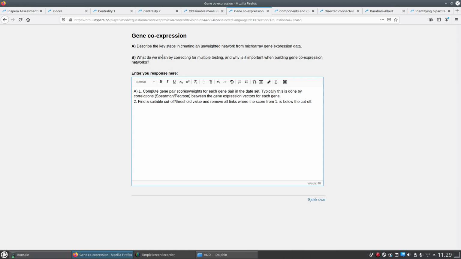So what do we mean by correcting for multiple testing, and why is that important when we're building gene co-expression networks? So multiple testing is something you need to do whenever you are conducting an experiment and you're testing multiple independent hypotheses. The example I use in class is from the comic XKCD, where the notion is, do jelly beans cause acne?